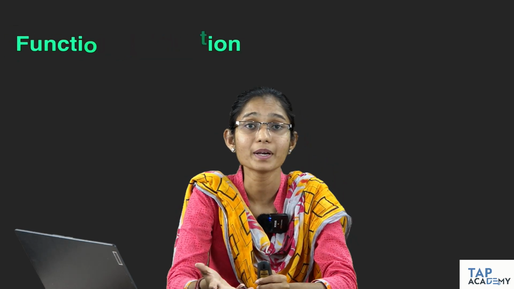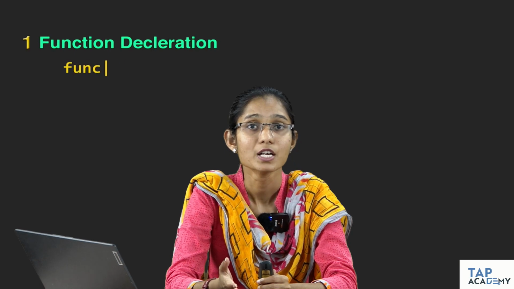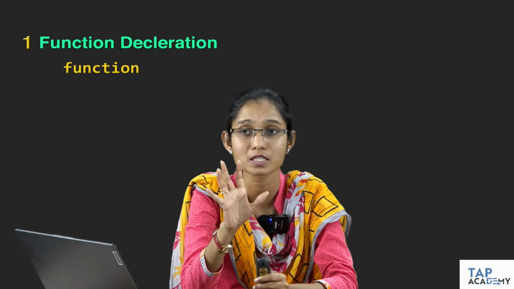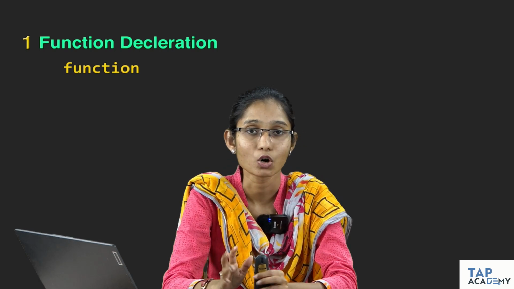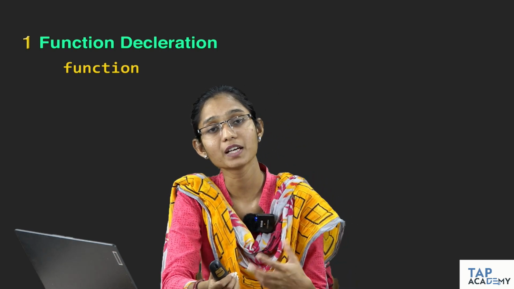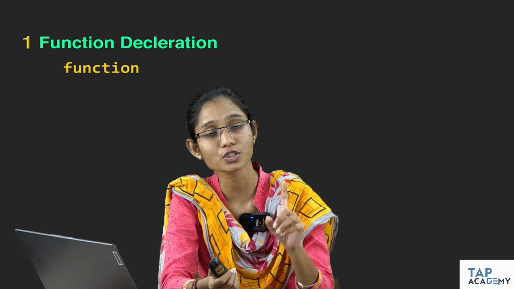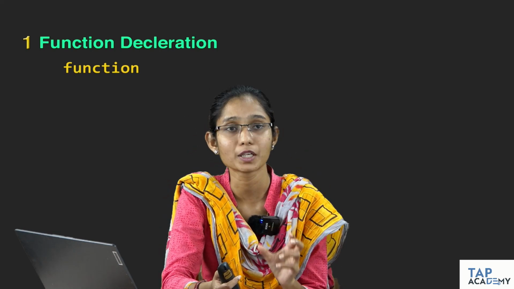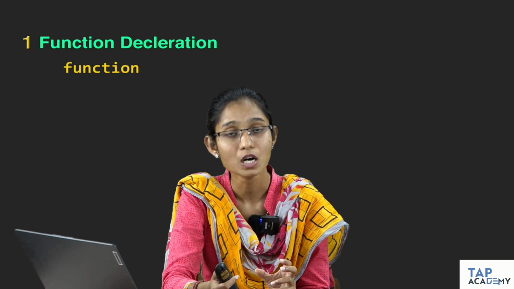Okay, so the first one is the function declaration. Under the function declaration, we will have a syntax as well. As usual, you have to use one keyword here, which is function. Yes, what we are doing here is creating a function. So in the function declaration, first you have to give that particular keyword function.